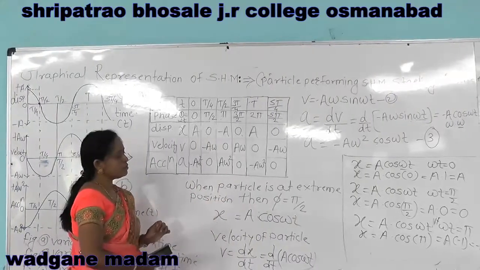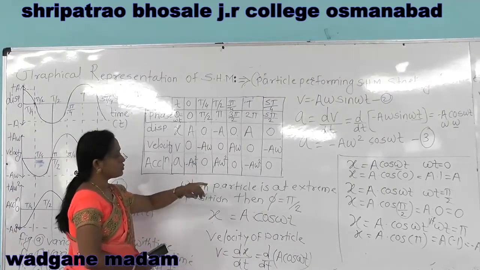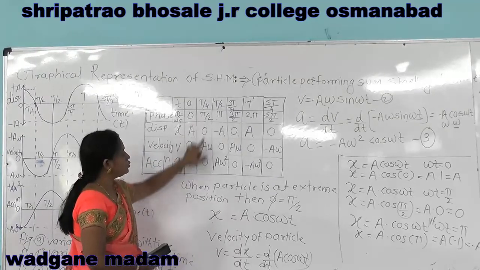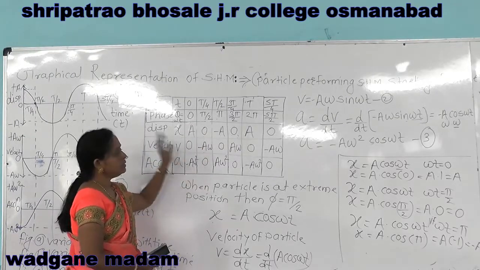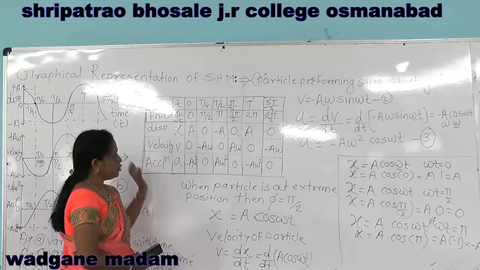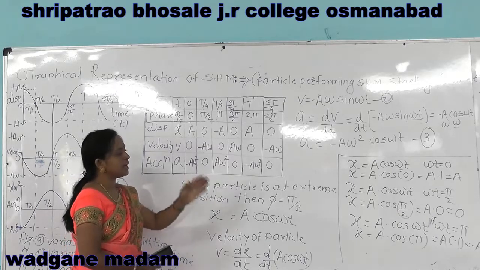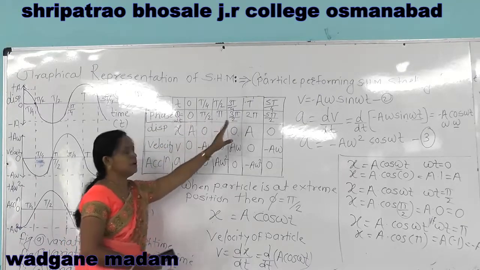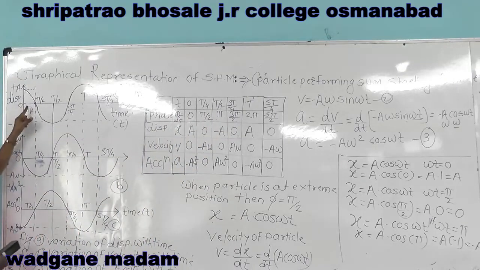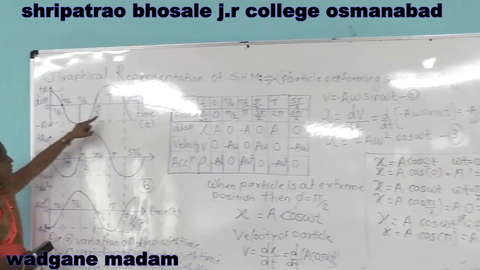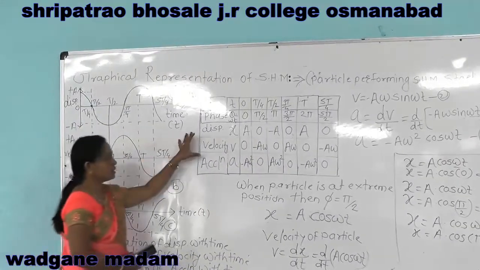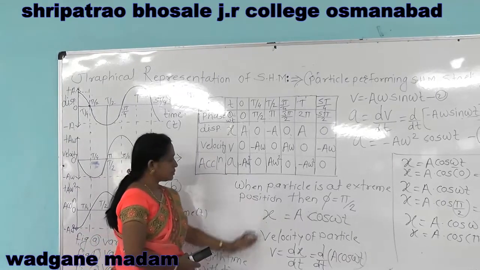Therefore, a is equal to minus a omega square into 0, so we get 0 at the pi by 2 phase. This is the corresponding value of displacement, velocity and acceleration at the corresponding time interval. Therefore, the particle varies with respect to time interval and corresponding phase, and this table occurs according to this expression.